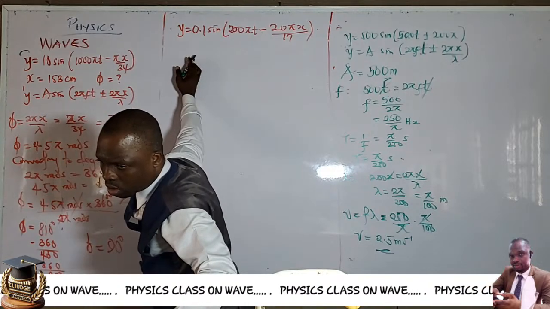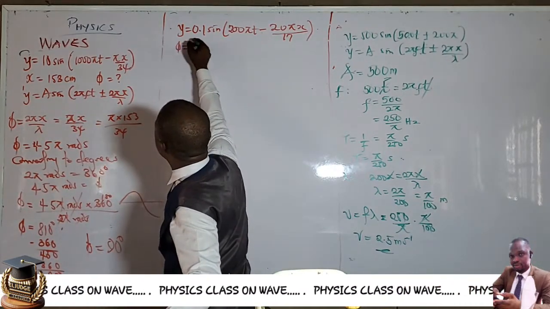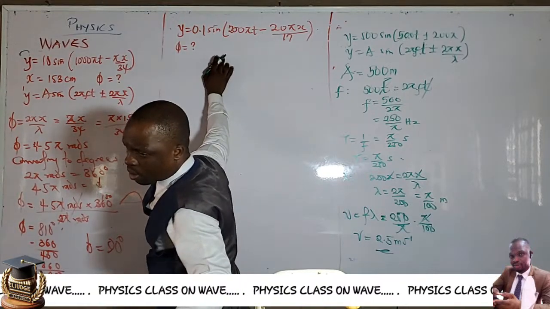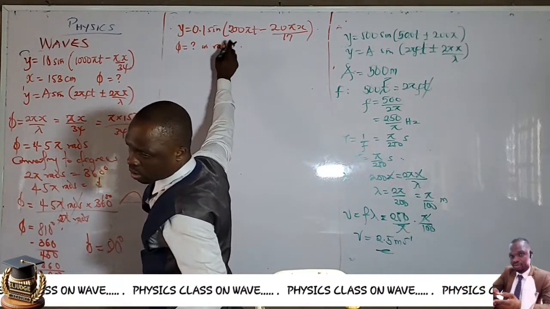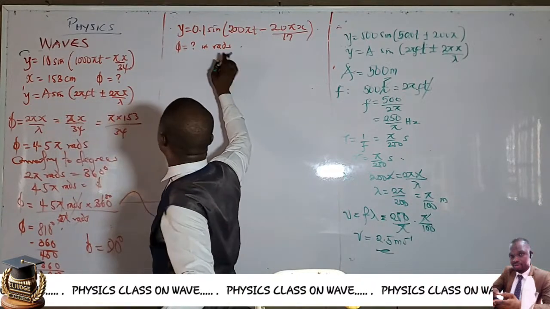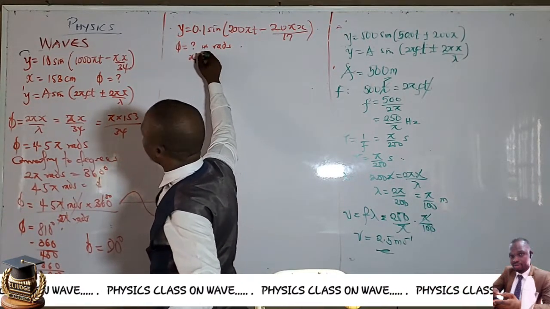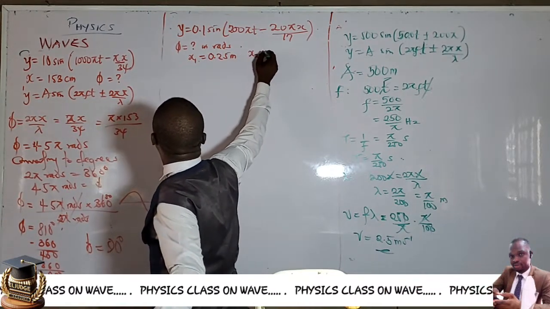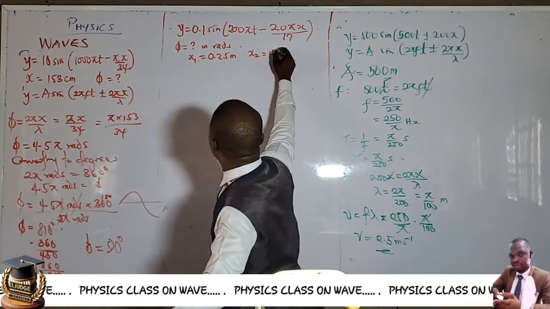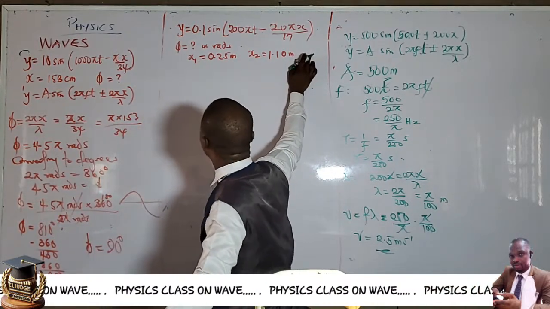Find the phase difference, in rads, so in radians, not in degrees, between the points S1 at 0.25 meters and S2 at 1.10 meters respectively from the origin.